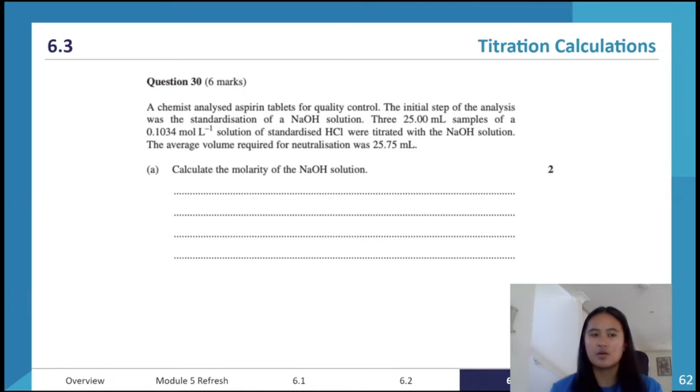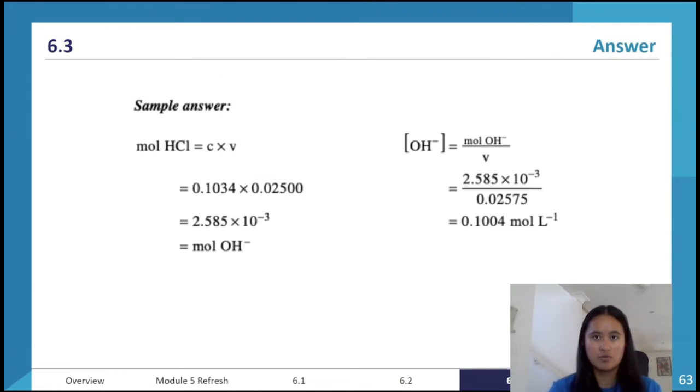So we go n equals C times V, 0.1034 multiplied by 25 mL. And then we find the number of moles, and that mole is the exact same amount as the number of moles of NaOH because it's a 1-to-1 ratio. So then you just divide by the average volume required for neutralization, which will give you that, and that's your concentration.